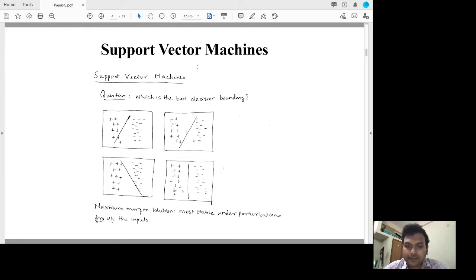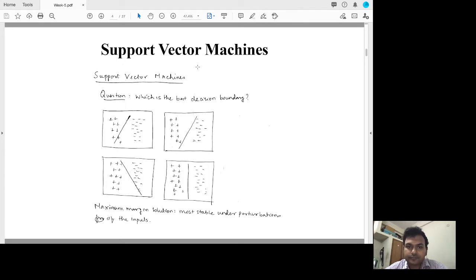Which is why you want to separate out your positive and negative classes as far as possible, with the margin being sufficiently distant from both the classes. That is your aim in support vector machines.